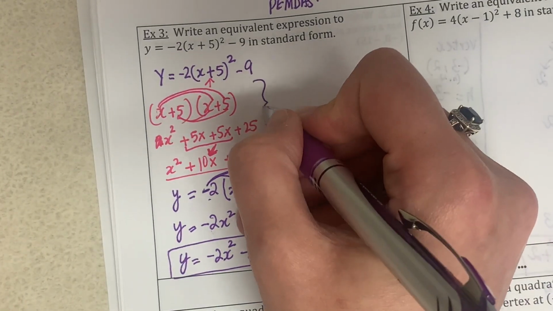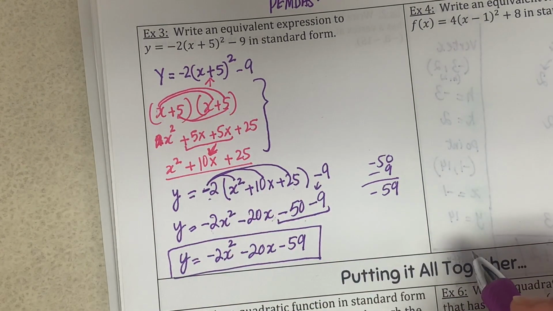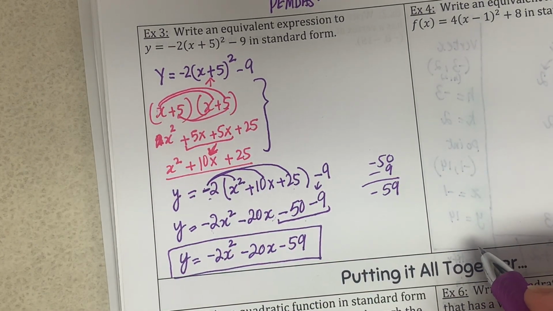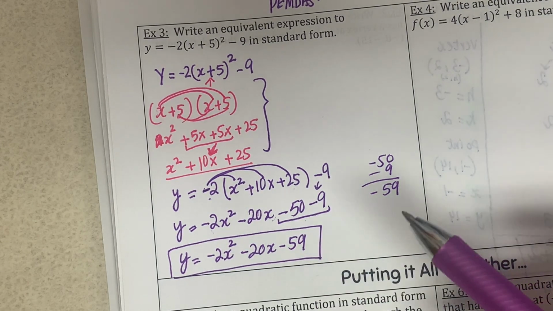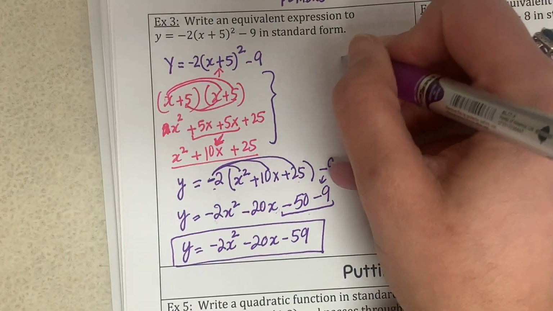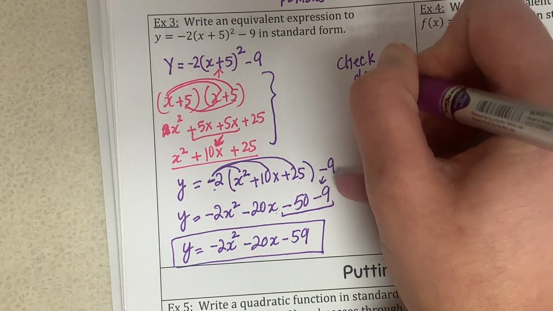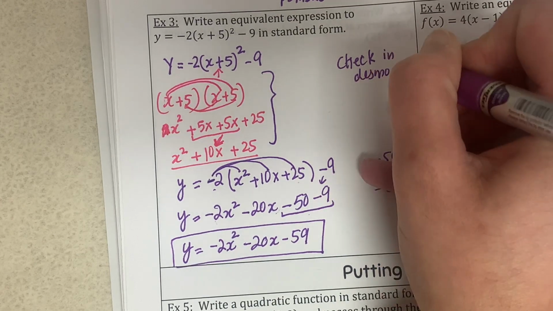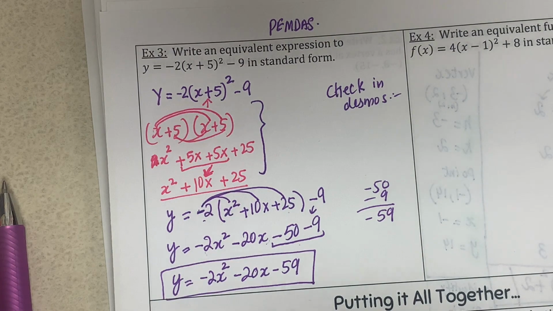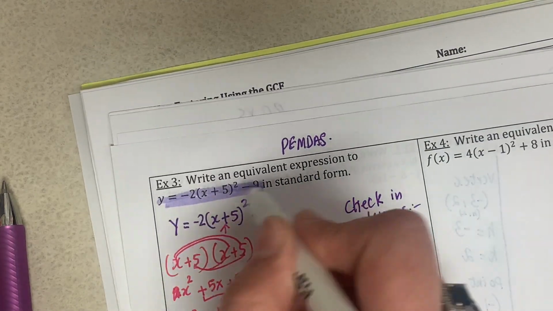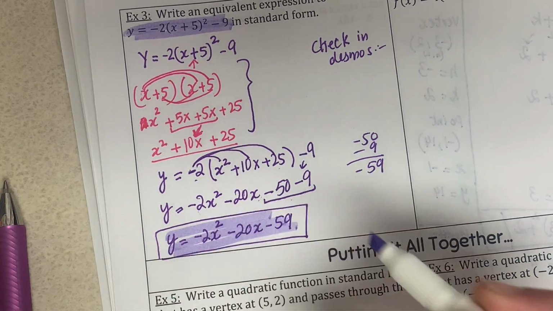This process, I would recommend you do on the side and not mix it up in your equation. I should have done it on the side as well. And then you will have the equation like that. Now in order to check, in Desmos, you are going to type that equation in the calculator and type this equation in the calculator.